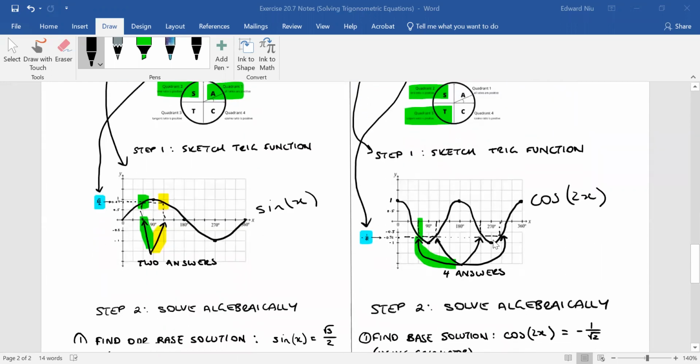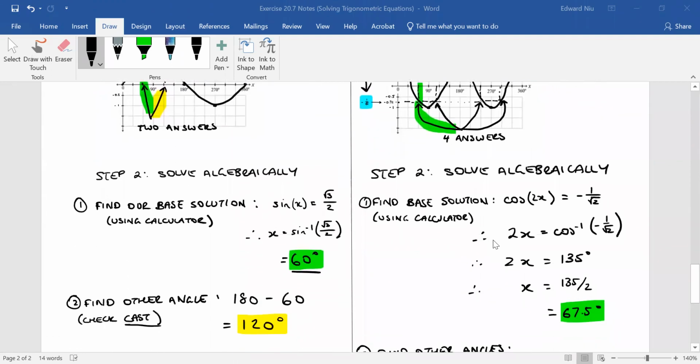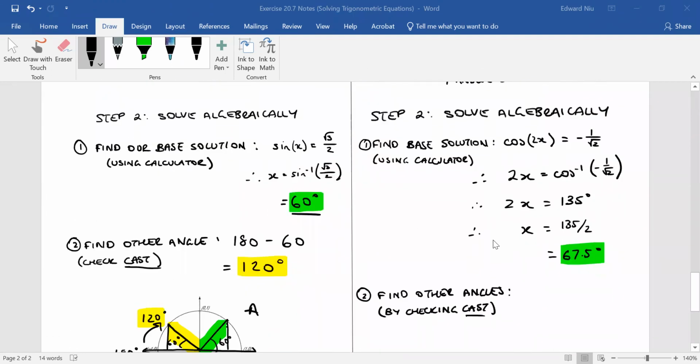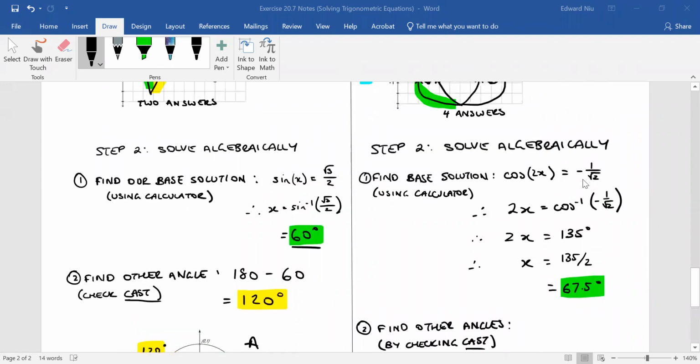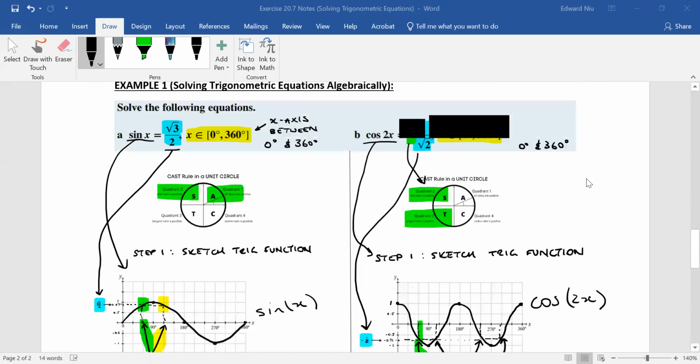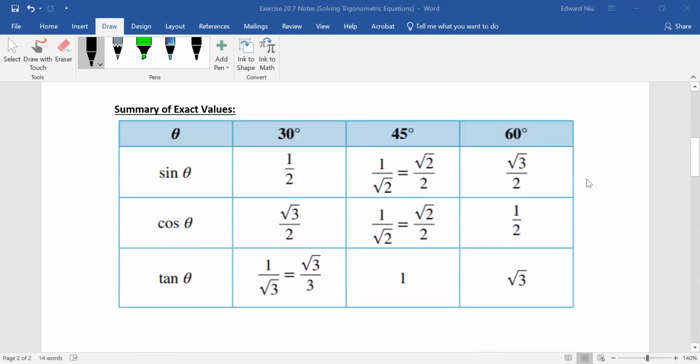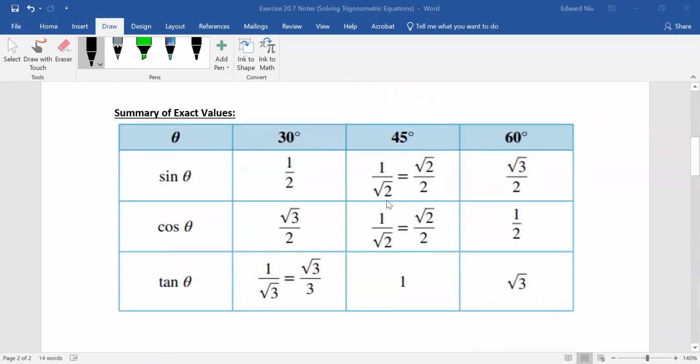Okay, but how do we get the solution to our next answer? Well, if we think about it, what is negative 1 on root 2? If we check our exact values, negative 1 on root 2, or just 1 on root 2, is 45 degrees.